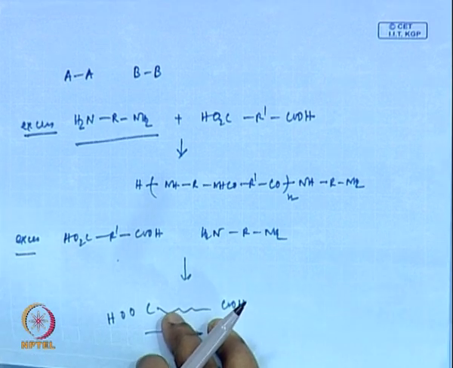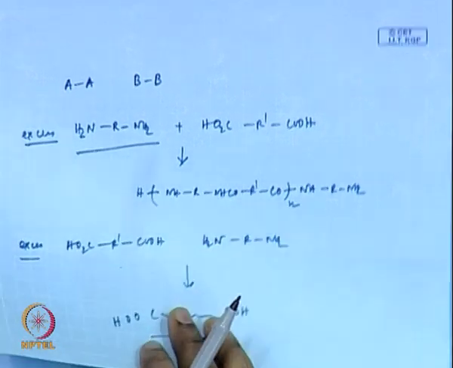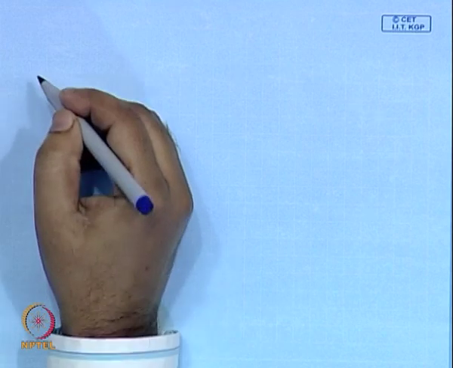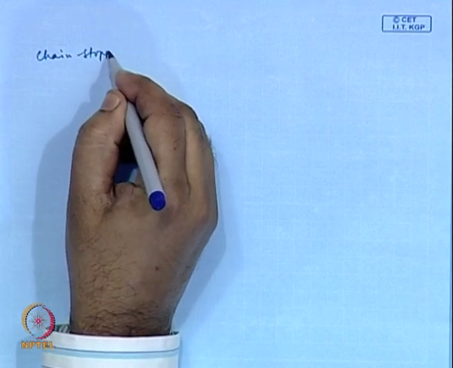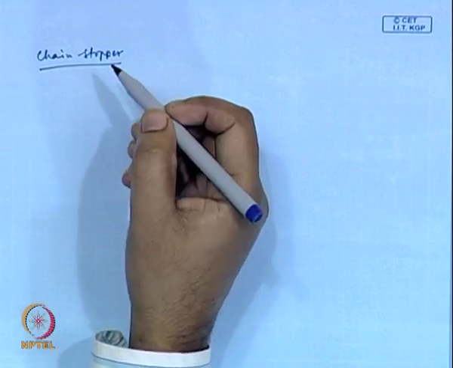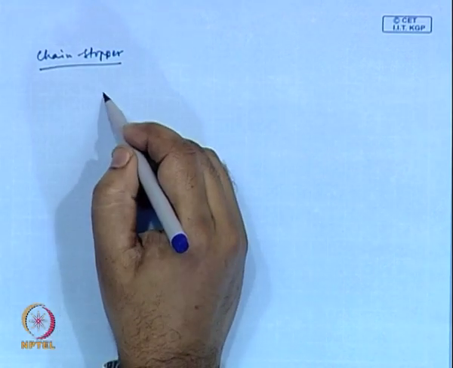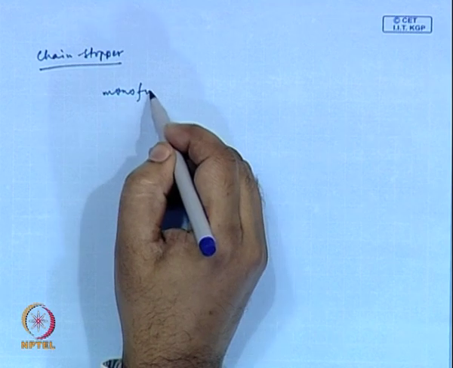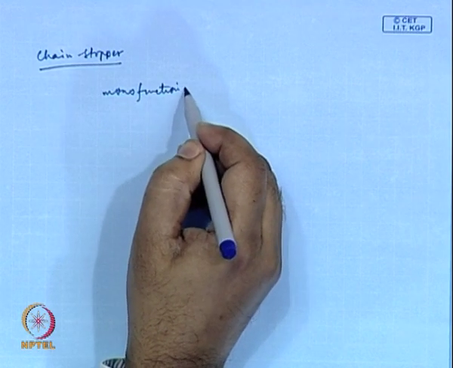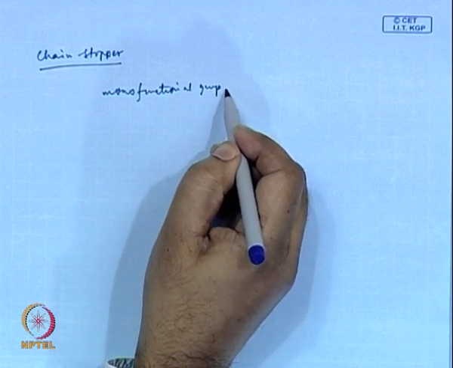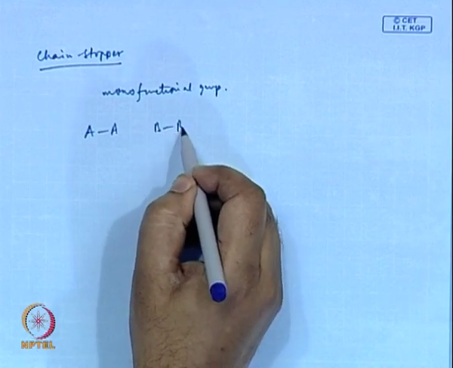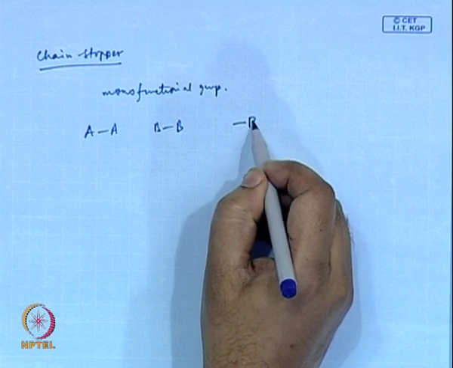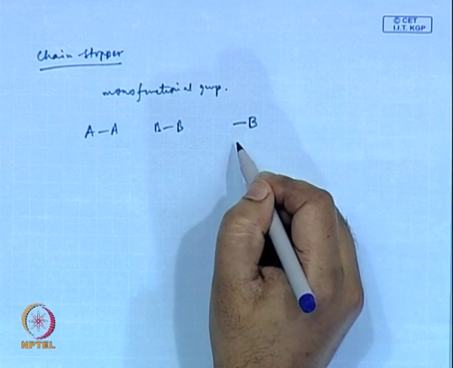The other strategy is to take a chain stopper. Chain stopper molecules are molecules having monofunctional group. So, instead of taking A plus BB, you take just B in excess.